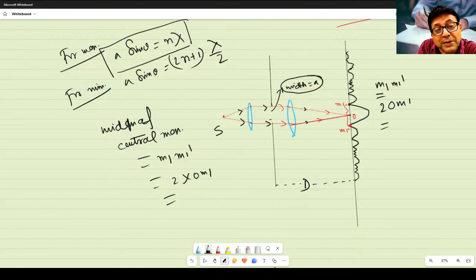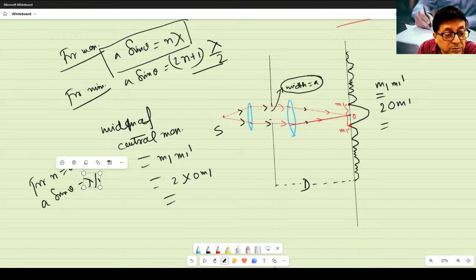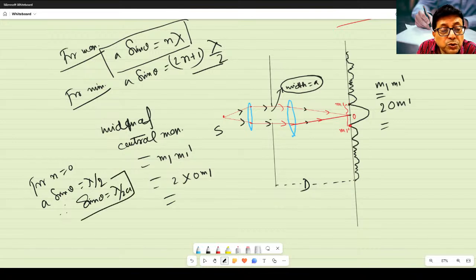M1's angular position, how to get minima? This is the condition for n equal to 0. So sin theta is lambda by 2a. All these things we have done for n equal to 0. And theta is small, so theta is lambda by 2a.